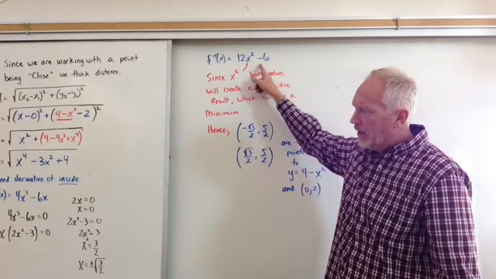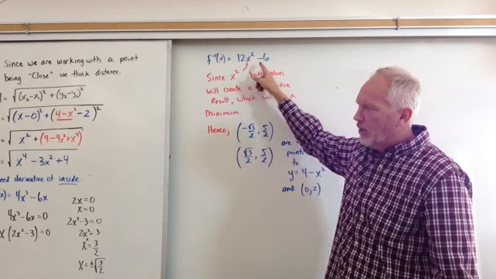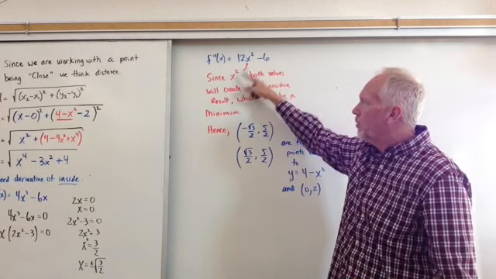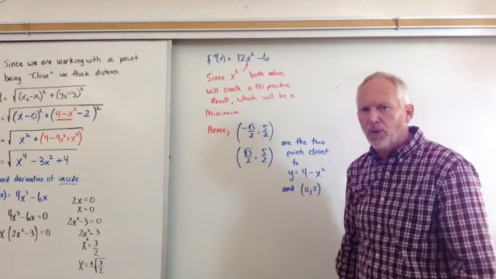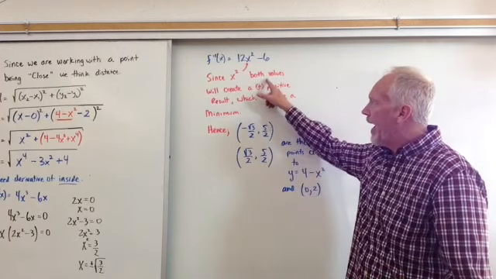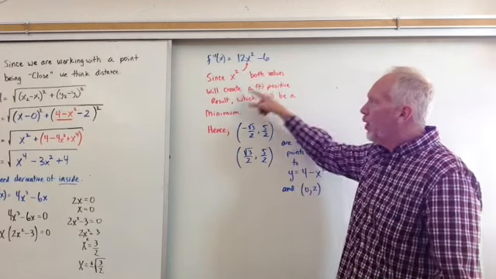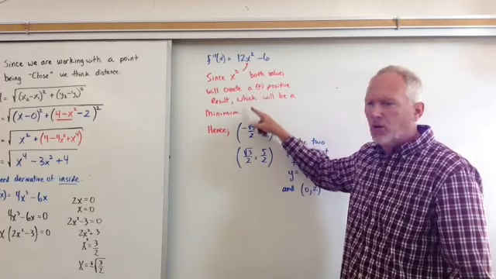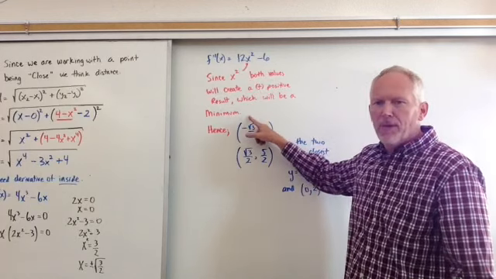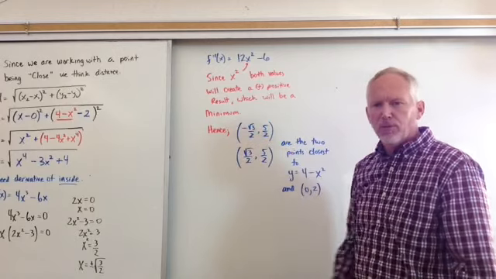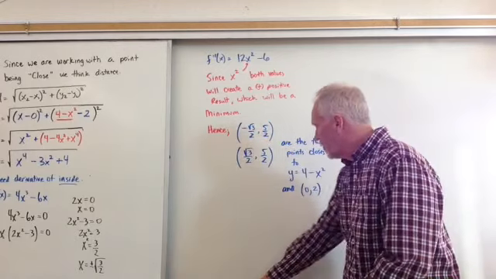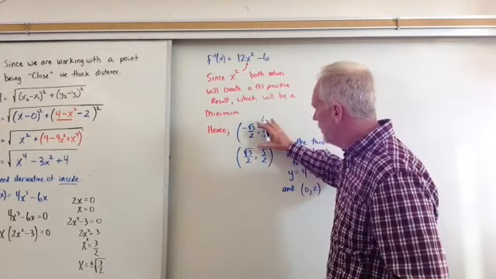So we don't want x is 0. So what we can do is plug in our plus and minus square root of 3 over 2. And if we do that, since it's squared, both values will create a positive result, which will be a minimum, right?